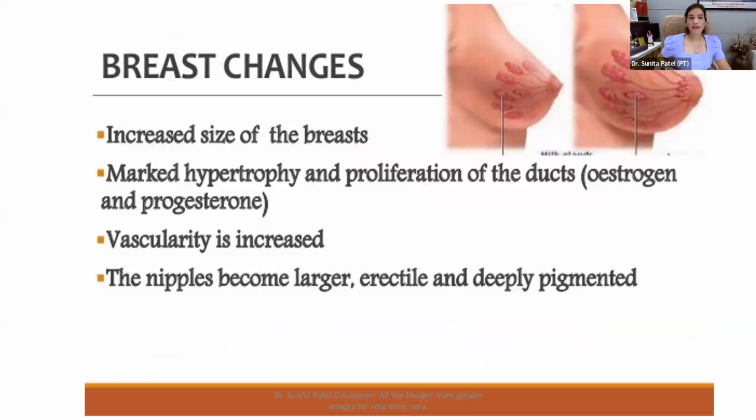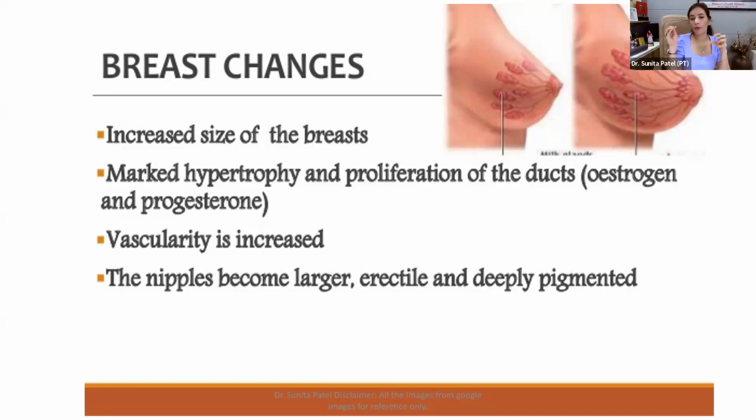Breast changes include increased size of the breast, macro hypertrophy. Why? Because blood supply is very high, the skin is going to show change, and the elasticity of the skin is going to increase, so the skin around that area will be more stretched out. There is proliferation of the ducts going on inside due to the hormonal shift coming from the placenta. Vascularity will increase. If you see the female breast at that time, you will feel it is more vascular.